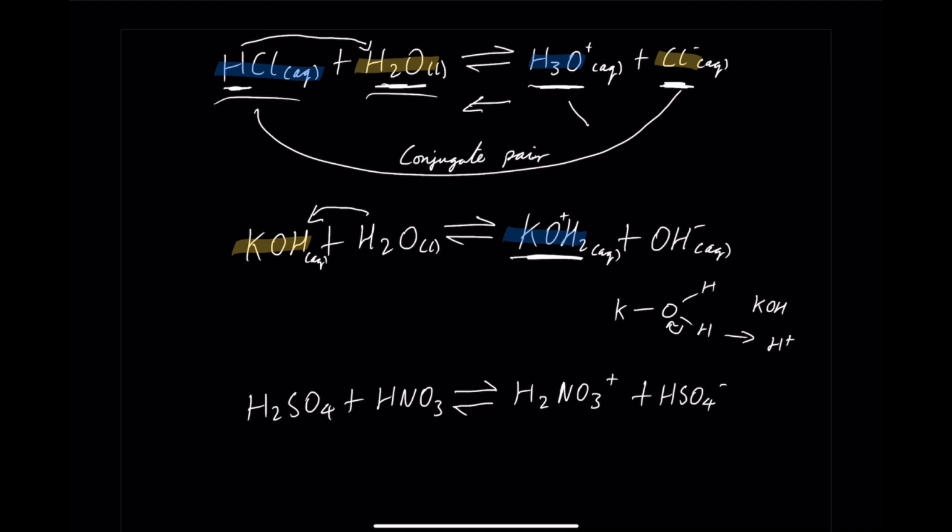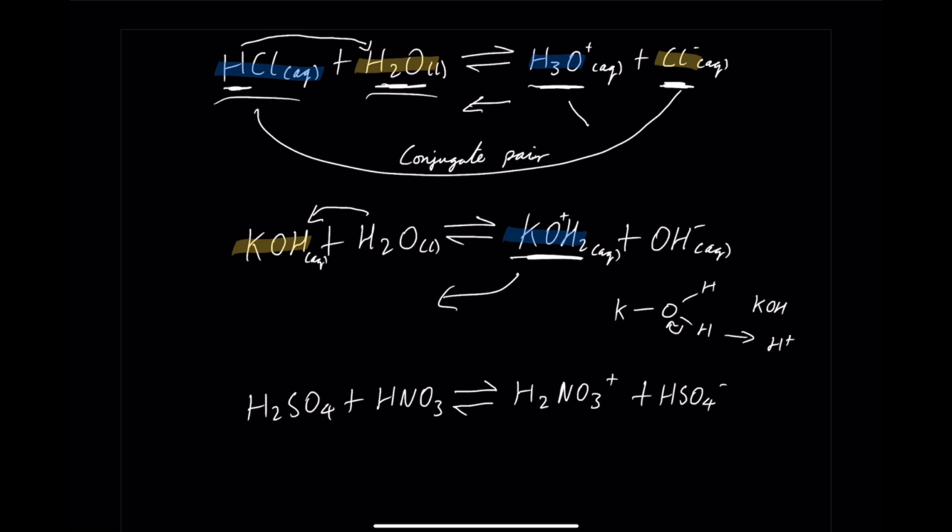That's what's happening here. So this KOH2 plus is acting as our conjugate acid, because if we were to flip this reaction around, the H plus would then react with another OH minus to form water.